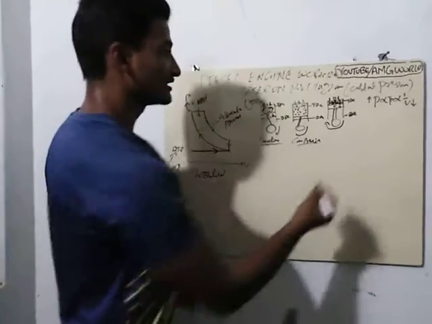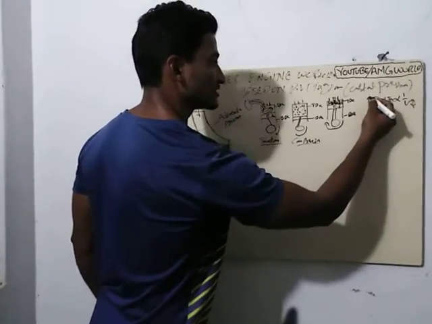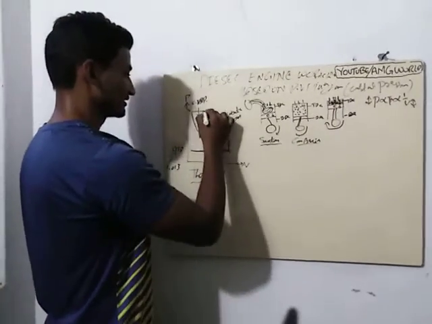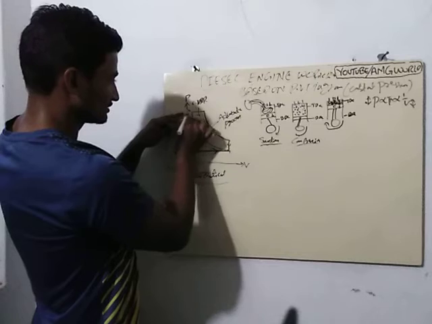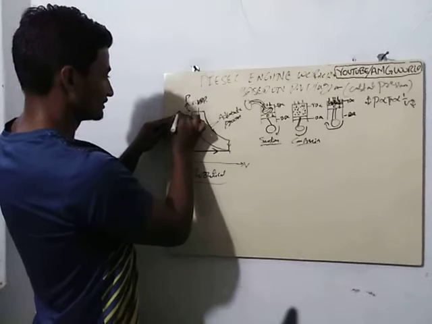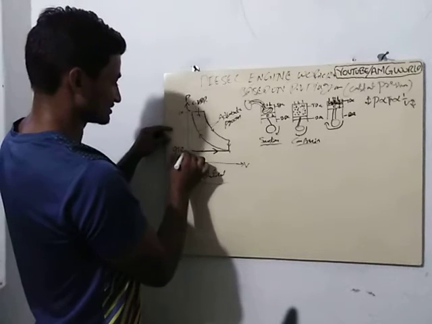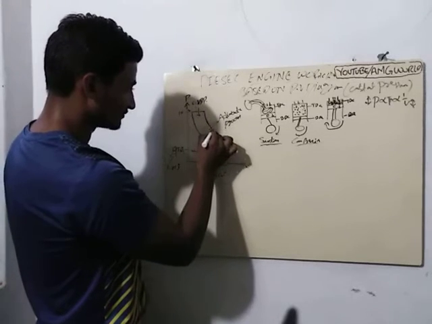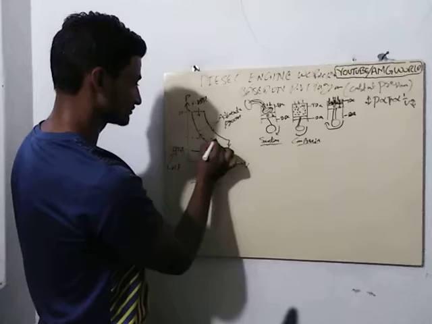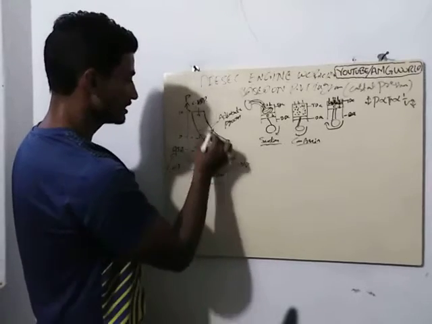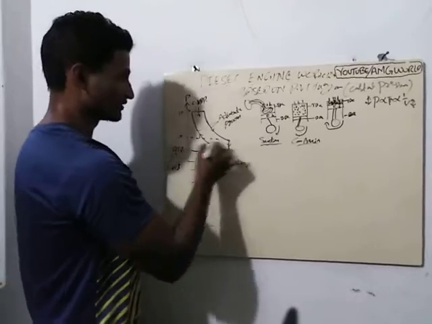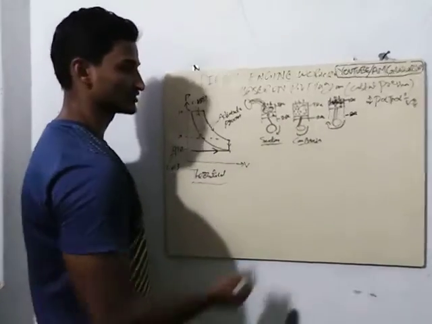This volume is increasing, pressure is reduced. Here the pressure drop takes place, and look at the pressure point. If I have 10 bar of pressure here, and here I have 1 bar, the pressure drops from 10 bar to maybe 3 bar during this process of expansion.